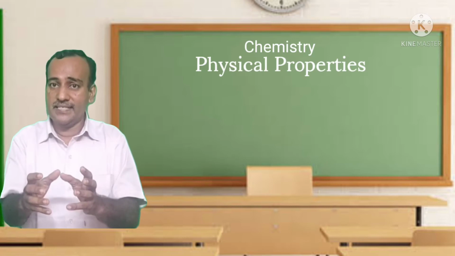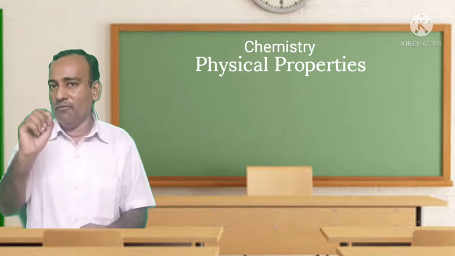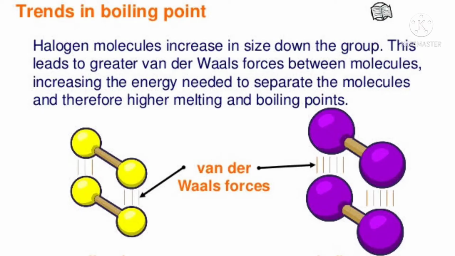When atomic size increases, automatically the van der Waals force of attraction gradually increases. When the magnitude of van der Waals force of attraction increases, melting and boiling point increase. That is why when we move from top to bottom, or when atomic number increases, melting and boiling point also increases.